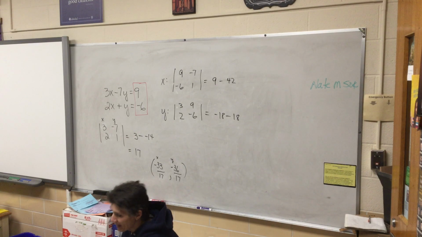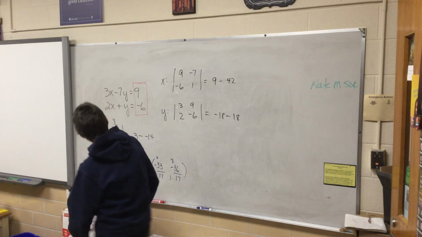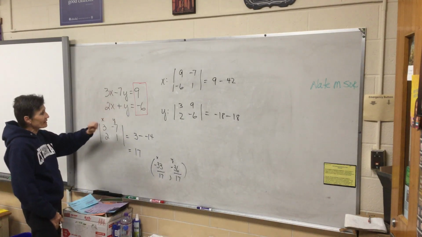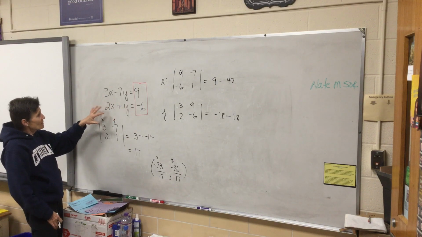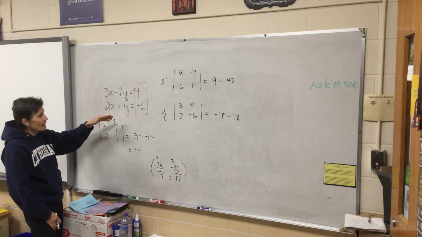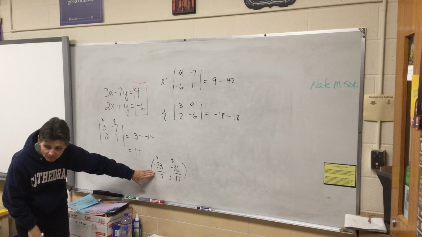Well, stop and think about the steps for substitution and elimination. I would, because I'm an eliminator, I would have eliminated, and I would have multiplied through by 7 and canceled out the y's. And I would have solved and got x right here as my answer.